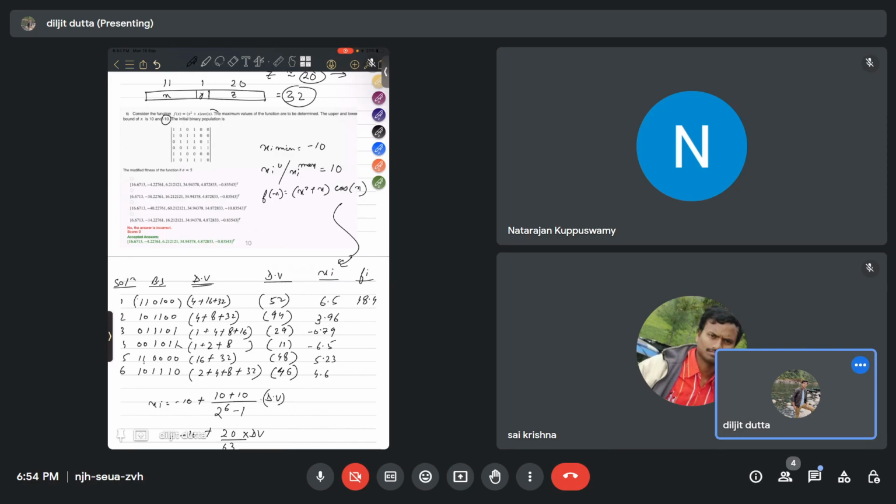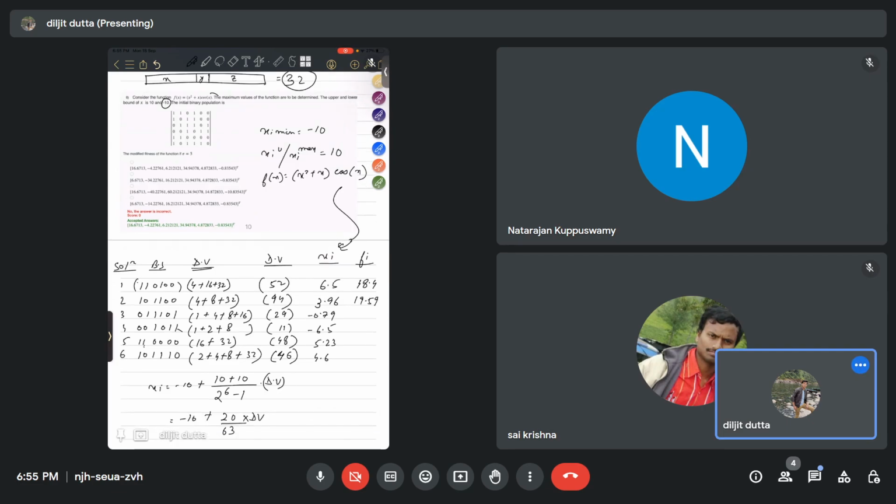Similarly, the second one is 19.59. For the third one again, minus 0.79.